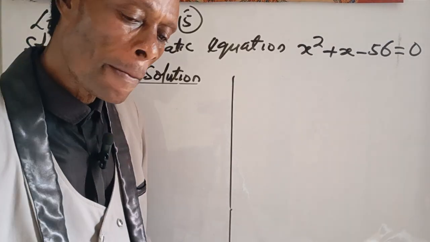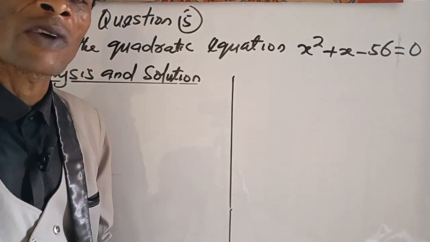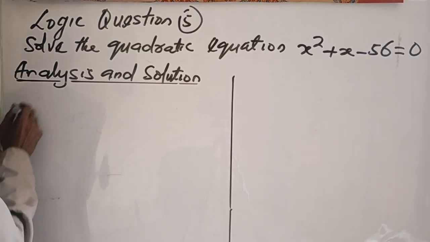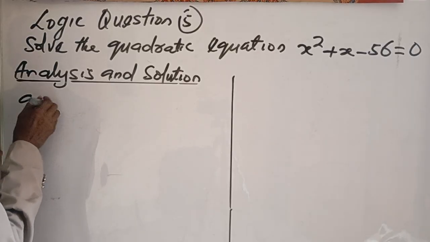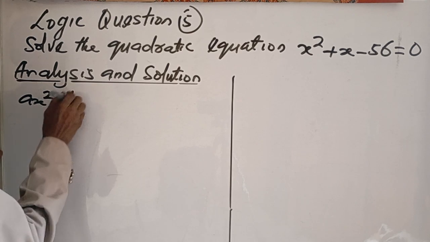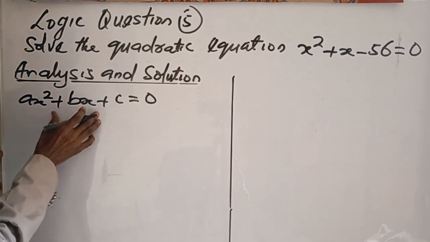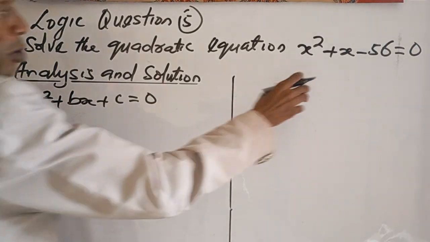Comparing this equation with the general quadratic format, which is ax squared plus bx plus c equals 0, you can see that they look alike.